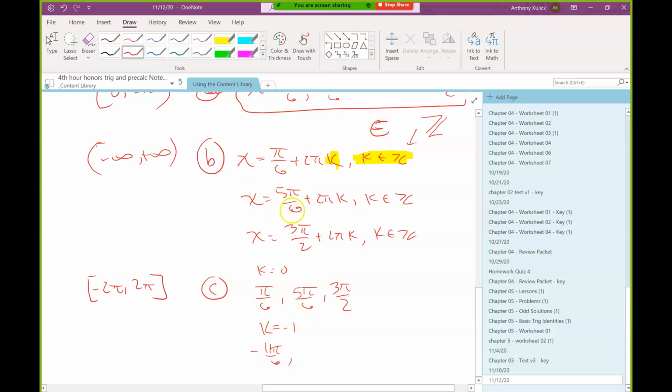If I do 5 pi over 6 minus 2 pi, I get negative 7 pi over 6. And if I do 3 pi over 2 minus 2 pi, I get negative pi over 2. If I tried negative 2, all of the values would be too small, so I know I'm done. So I have these 3 answers, and then these 3 answers. Okay with that?